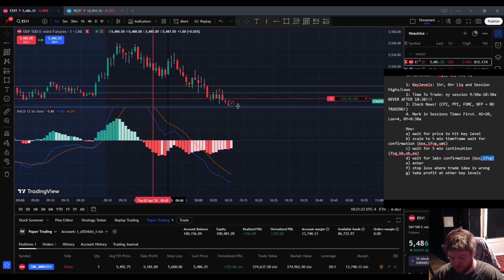We'll see it retrace up a little, and it'll continue down for the app.